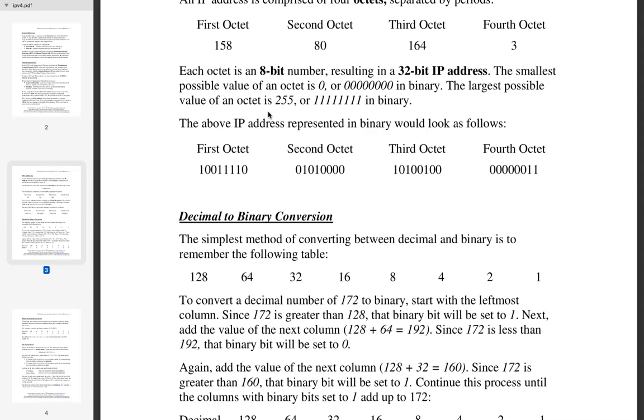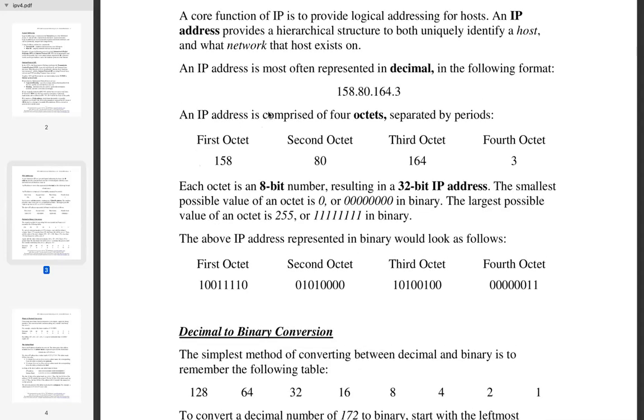Okay, now we are taking one for example. IP addresses comprise 4 octets, that is 4 components. We have the first octet, second octet, third octet, fourth octet.